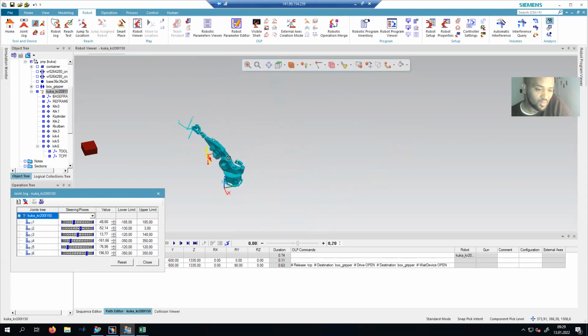Between this and this, 0 offset. Between this and this, 90 degree offset. Between this and this, 90 degree offset. Between this and this, 90 degree offset.